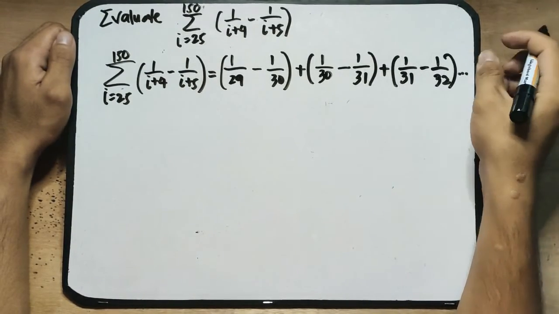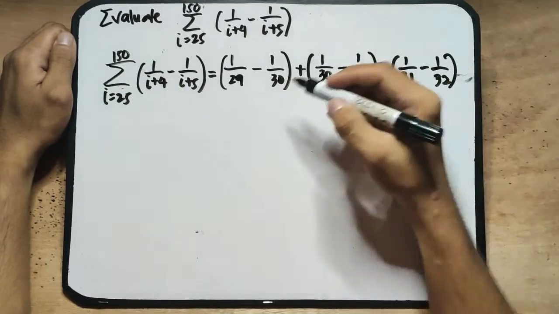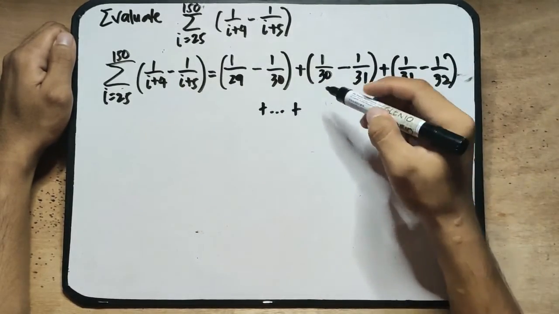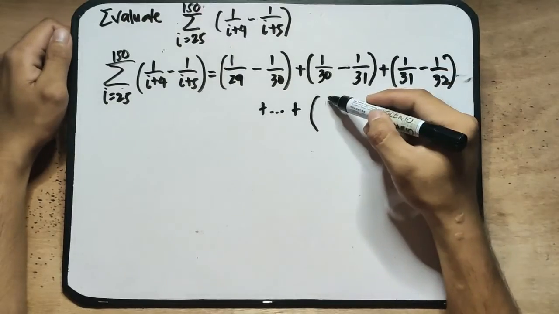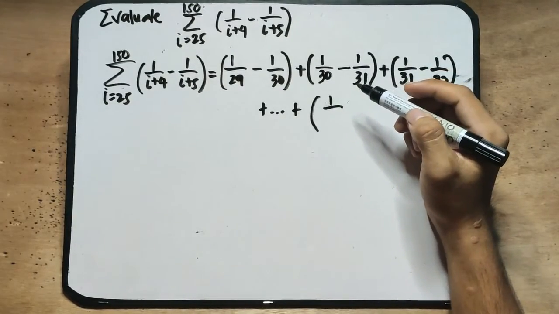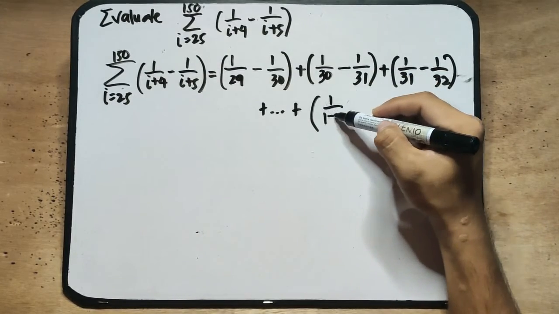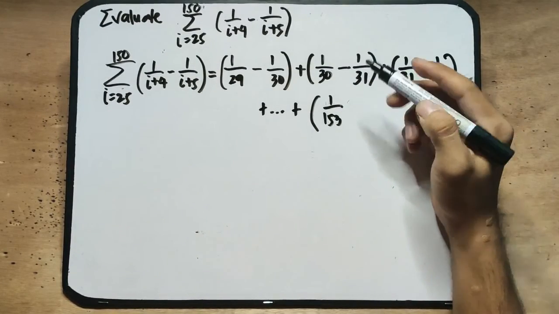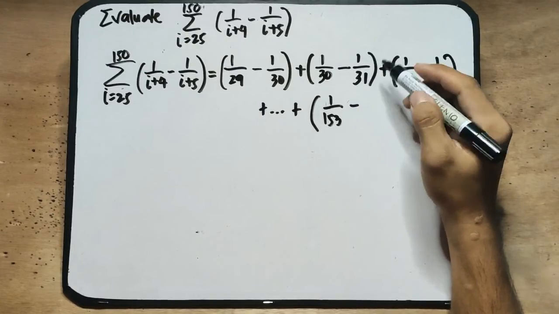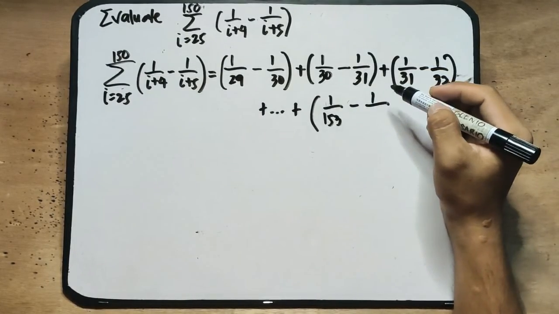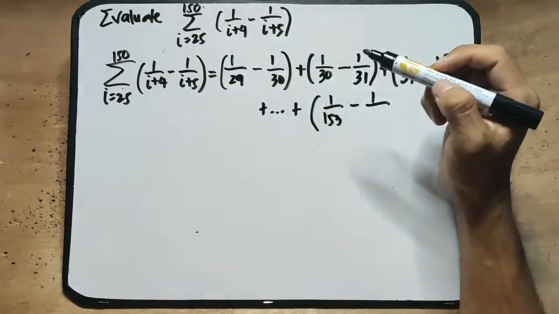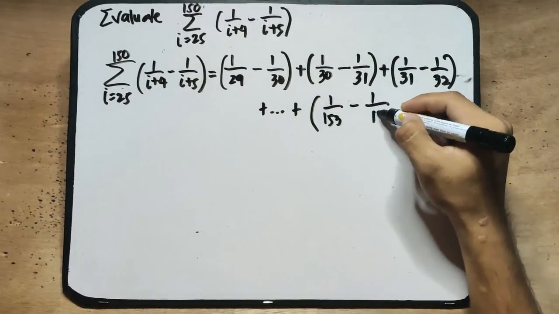Up to, if I is 149, then 149 plus 4 is 153. If I is 149, then 149 plus 5 is 154.